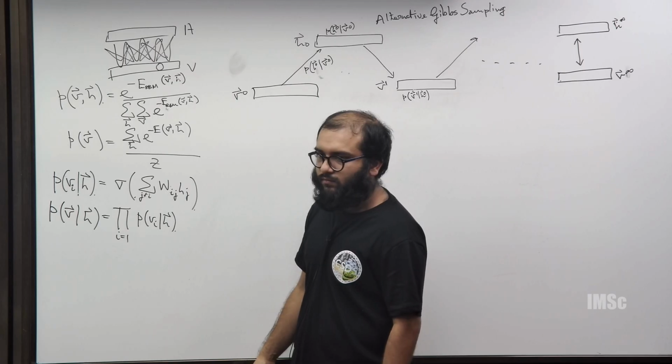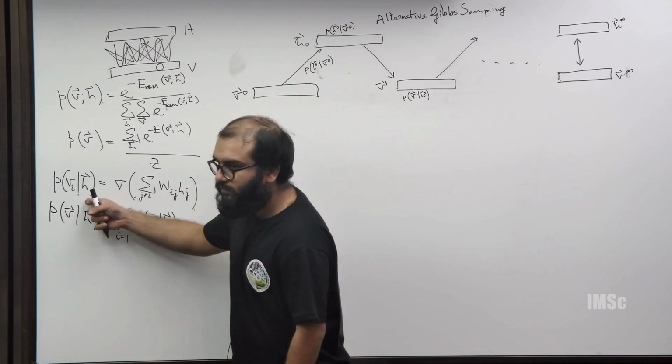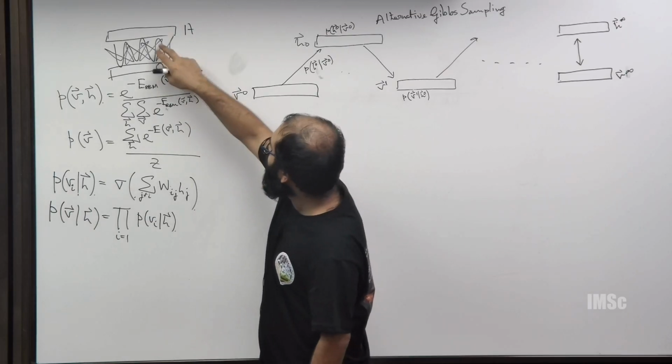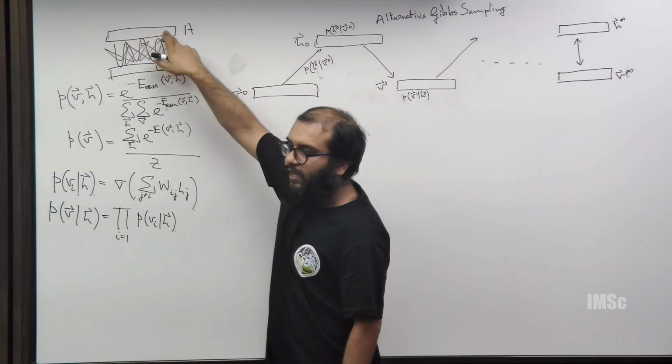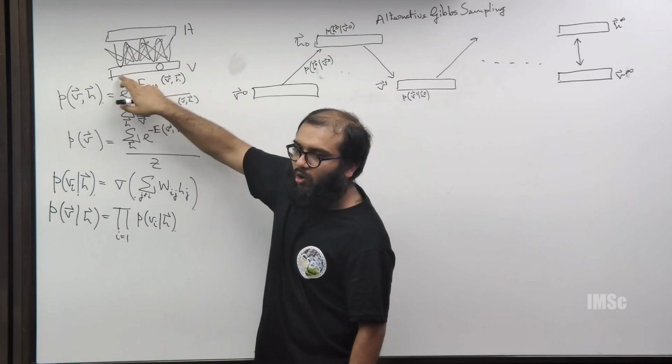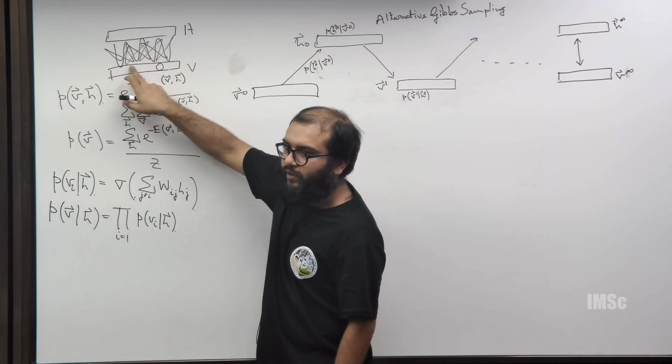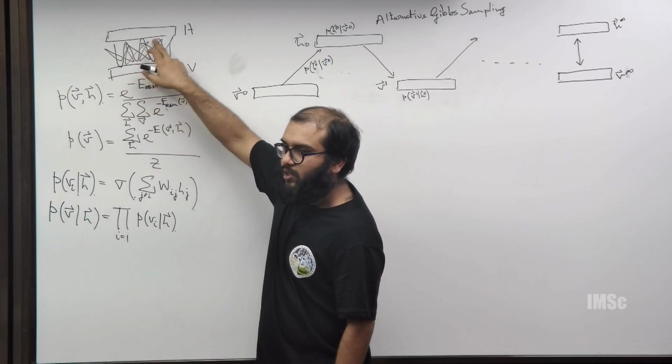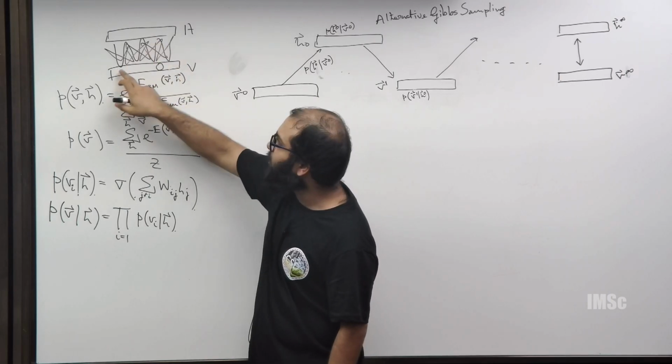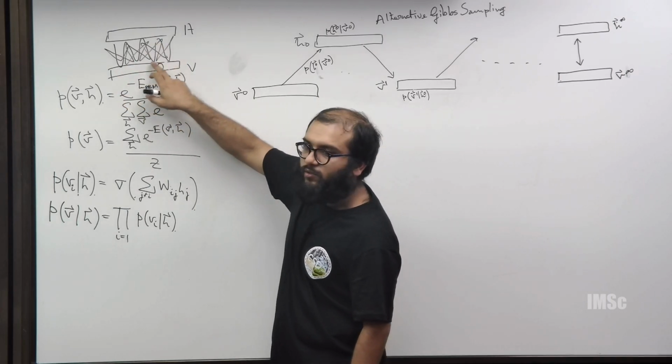Here there is a given H vector. I am evaluating the probability of a particular configuration of the V vector given an H vector, which can be decomposed into the individual ones.